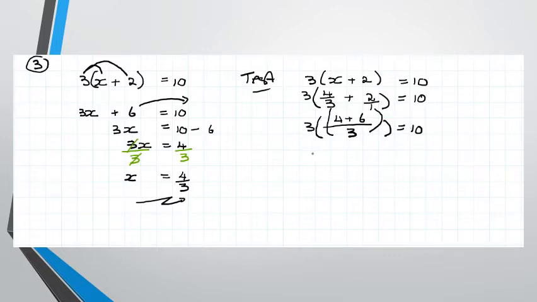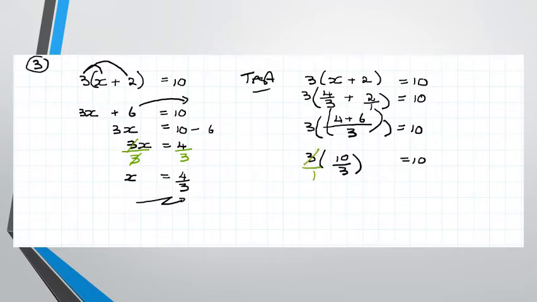Now I'm going to have, and I see now if I look at this one, 3 times inside the bracket I'm going to have now 10, divided by 3 equals 10. Strictly speaking, I know that underneath that 3 stands a 1.